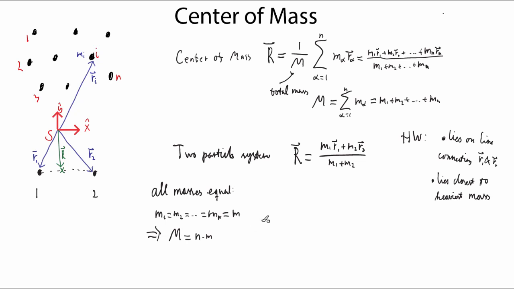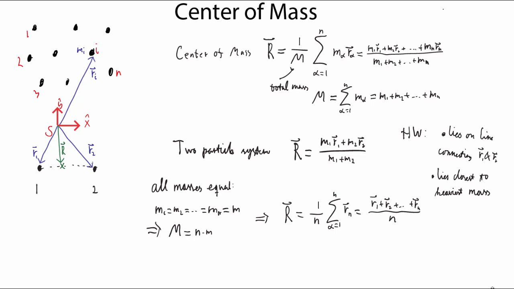Under those circumstances, we can just see from this formula here, all the m's will cancel out, and all we get is that the center of mass is just equal to 1 over n times the sum of alpha goes from 1 to n of r sub alpha. Or if you want to write it without the sum, it gets to have this form. So it's a little bit easier to calculate, as it really is the average position of all the particles.